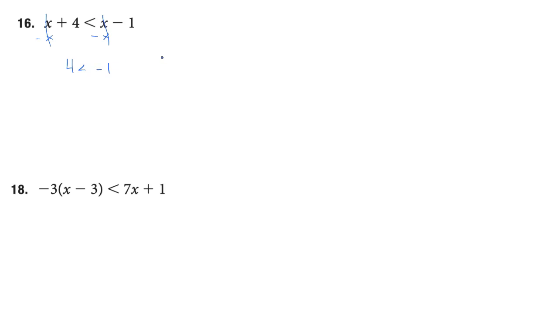Is that true? That's not even true. The x has gone away. We've got 4 is less than -1, which is false. So that means that there is no solution to this inequality. There's nothing that could possibly make this true.